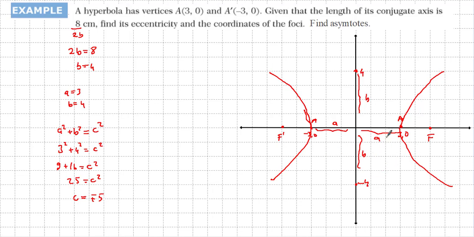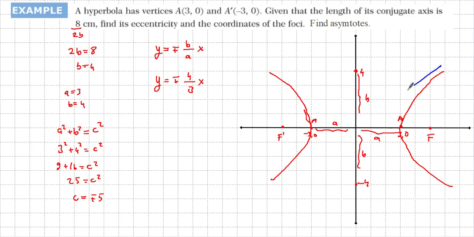The last part, we are going to find the asymptotes. The asymptotes are y is equal to plus and minus b over a x. For this question, y is equal to plus and minus, the b value is 4, the a value is 3, x. So we found the asymptotes are plus and minus 4 over 3 x.